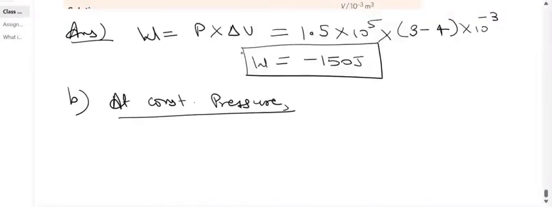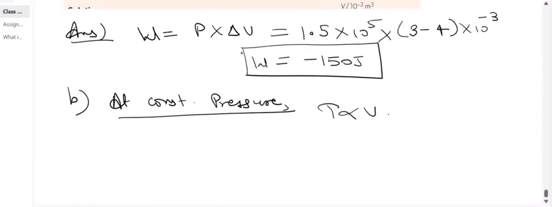Constant pressure, it is the second law. Who had given this law? Gay-Lussac's law.